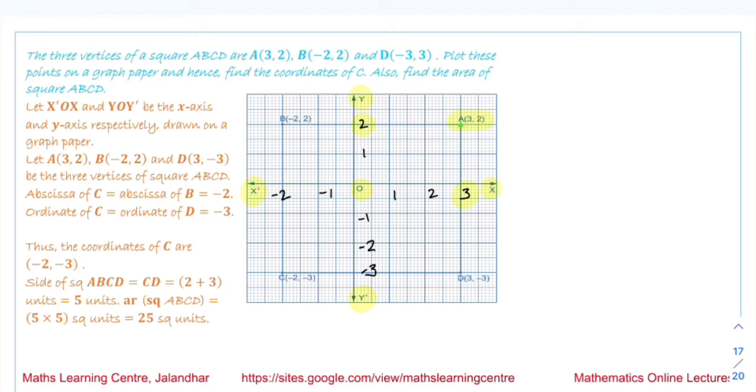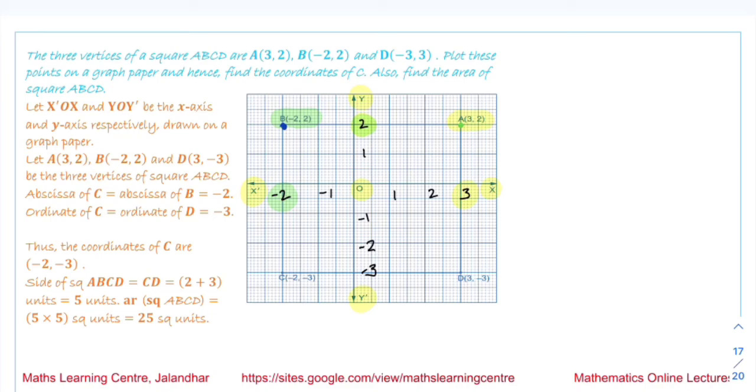Next we have the point B as -2, 2. So -2, 2 means we are talking about -2 on the x-axis and 2 on the y-axis. So we get the point B as -2, 2. This is the point B we have obtained. Then point D is given to us. It is -3, 3.